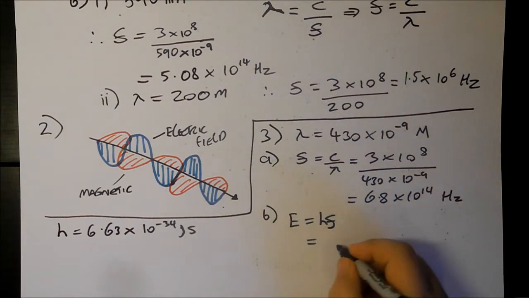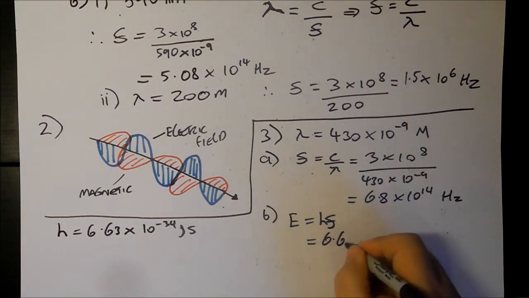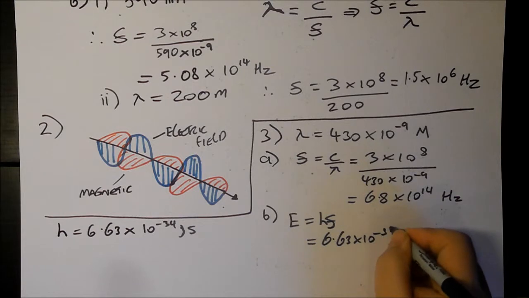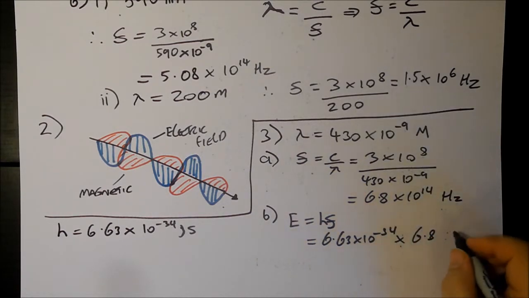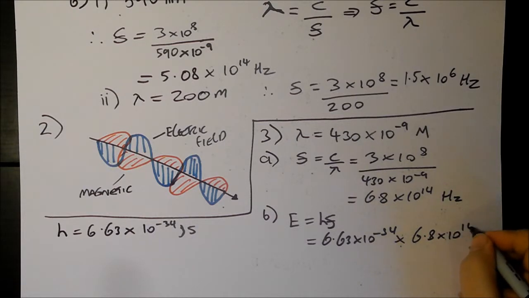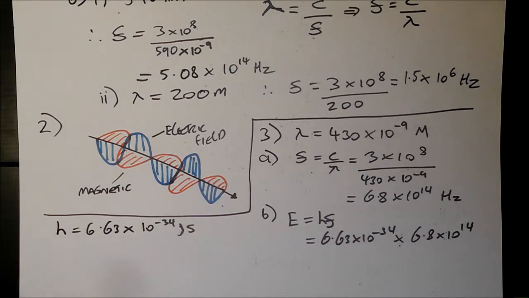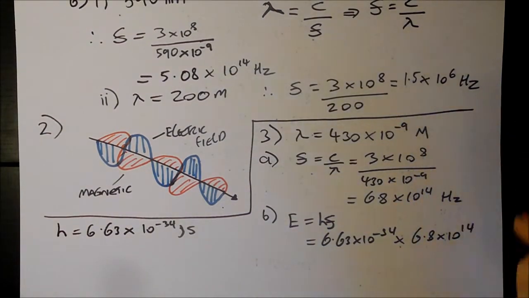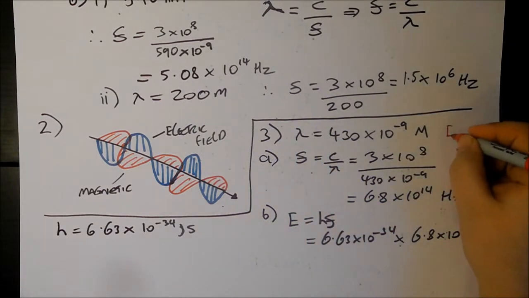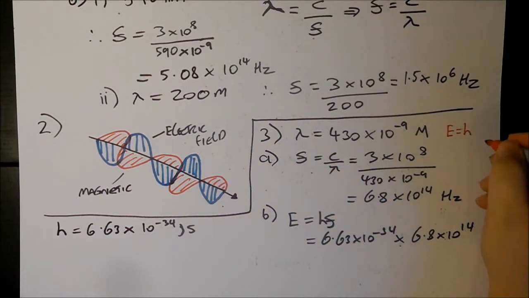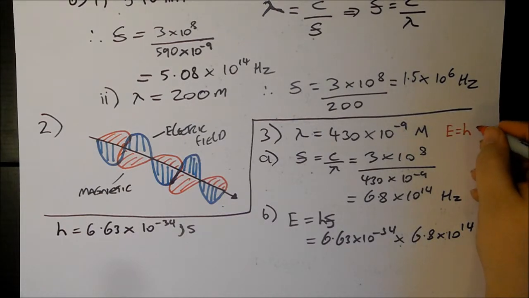So in this case, E is going to be equal to 6.63 times 10 to the minus 34 times the frequency, 6.8 times 10 to the 14. Theoretically, we could have rewritten this equation as E is equal to H. Now F, we know, is C over lambda, so you could have written it as HC over lambda.